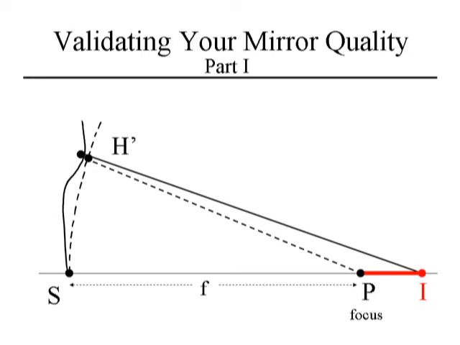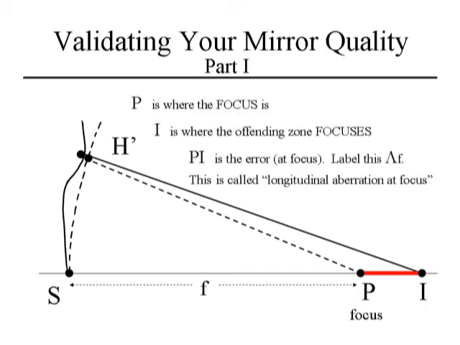So anyway, my aberrant ray is not going to focus at point P, it's going to focus some little distance away. I'm going to call that distance a longitudinal residual aberration, capital delta F. That's the difference between what I want and what I got at the focus.